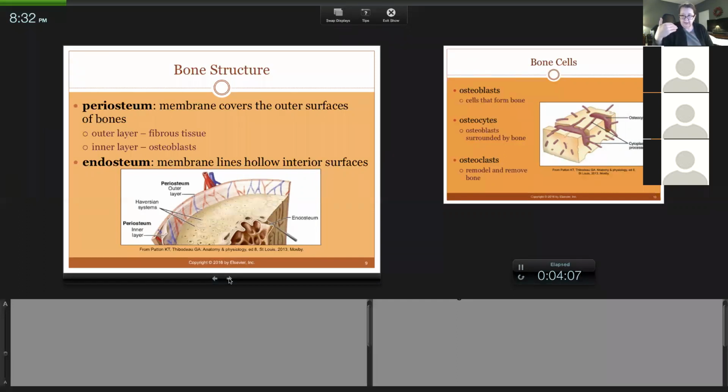You would find endosteum within the medullary cavity, and you'd find periosteum around the outside of the bone. Now remember, think peri-peel. Peri's like the banana peel, and the banana is the bone. It's that covering, and it is layered with osteoblasts, so they are there to build and protect the bone.